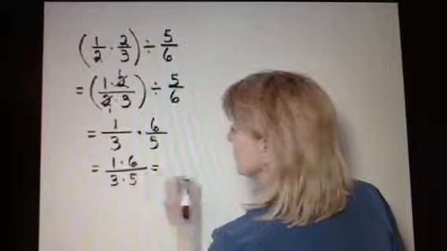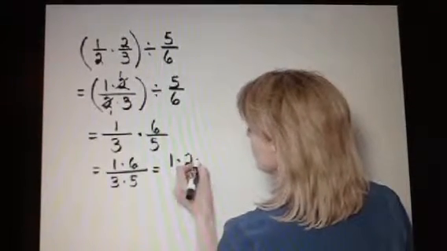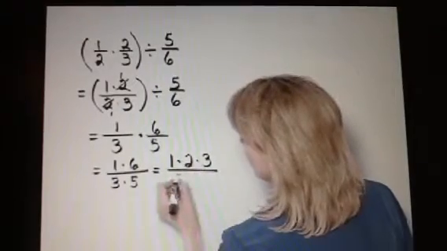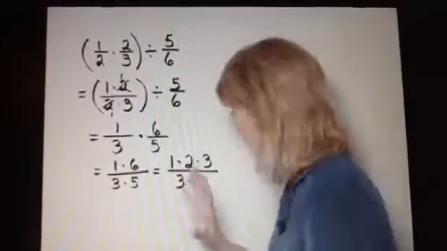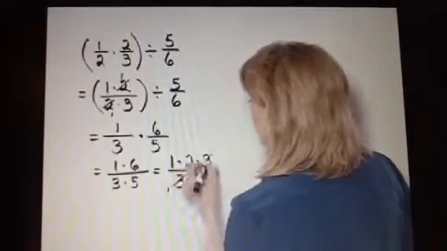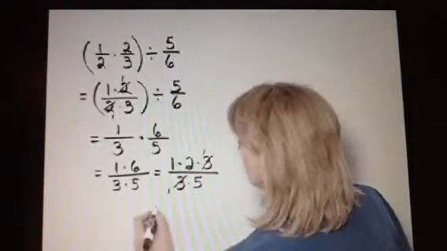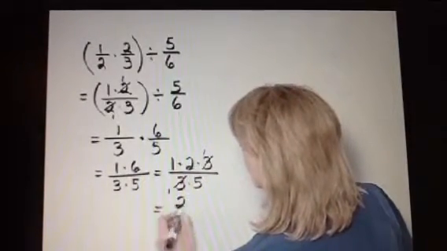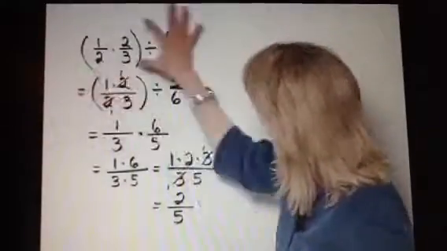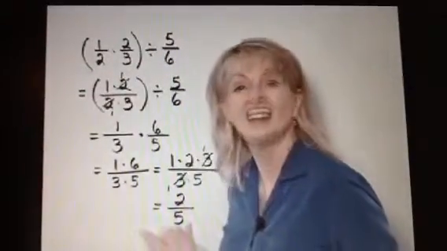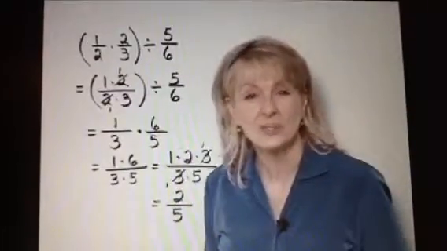So let me continue to work to the right. I'll write 6 as 2 times 3. And then down in the denominator, I have prime numbers. So common factor of 3. And then I have 1 times 2 times 1, which is 2, over 1 times 5, or 5. When this is simplified and the operations are performed, I have an answer of 2/5.